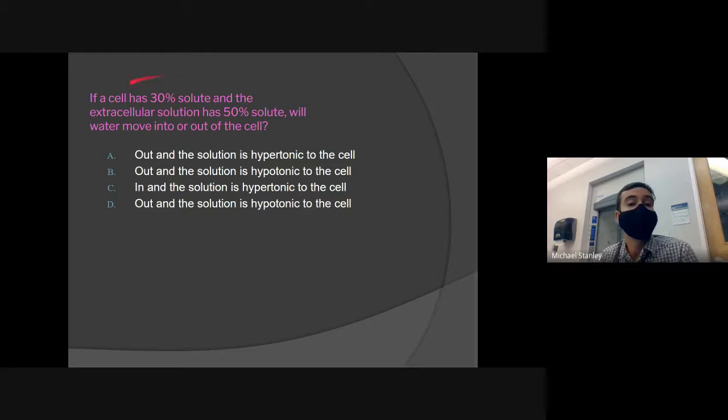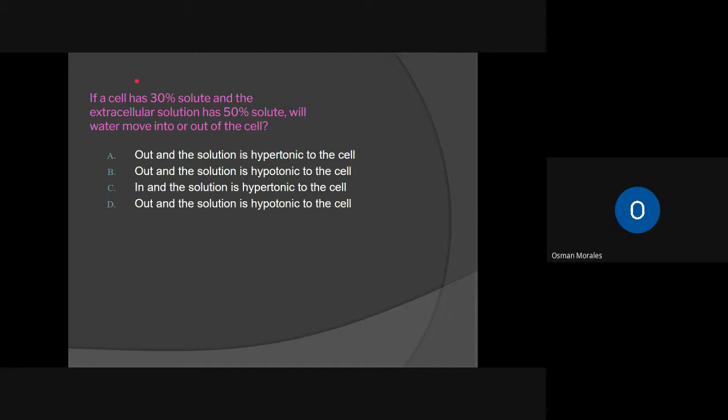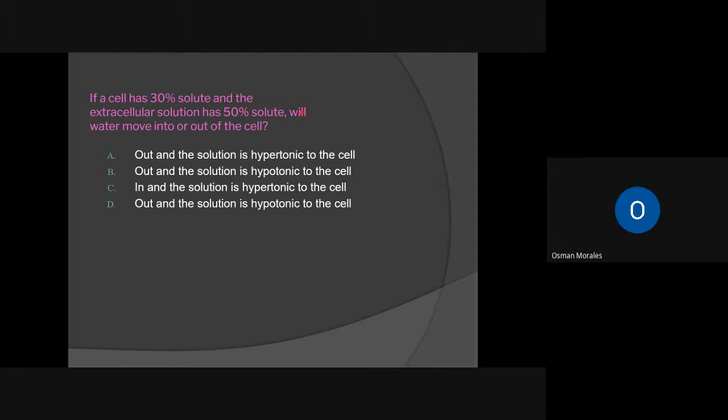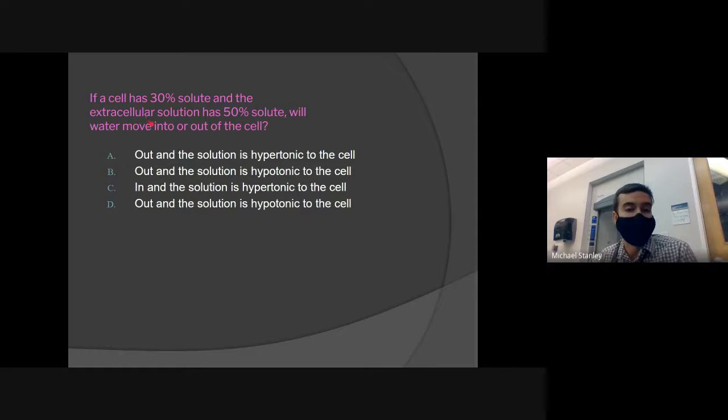All right. This one's a little bit tricky, so think about it for a second. If a cell has 30% solute, so like salts and sugars, and the outside, the extracellular solution, so the stuff that it's placed in, has 50% solute, 50% salt and sugar, is water going to move into the cell or out of the cell?